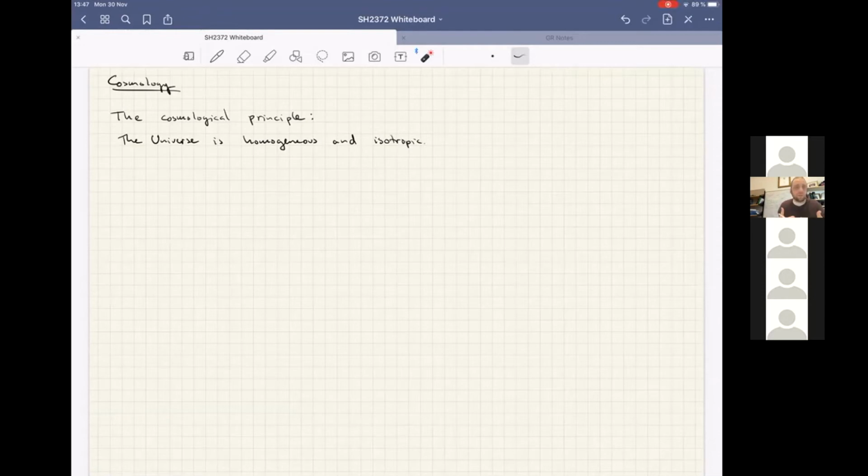So this boils down mathematically to saying that the spatial part of the universe is maximally symmetric. And what this in essence means for a three-dimensional space is that there should exist 6 Killing fields.